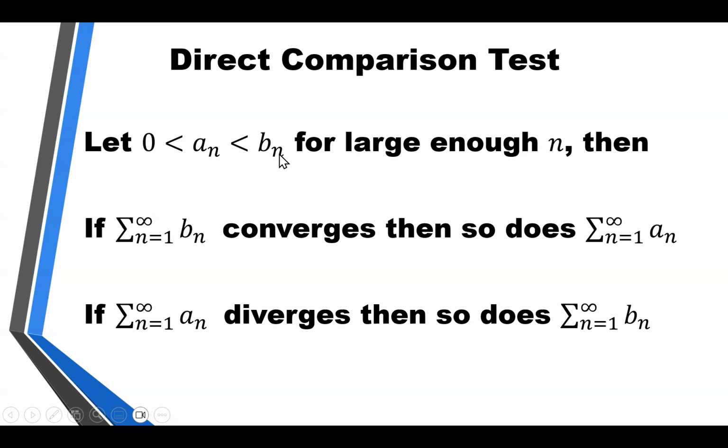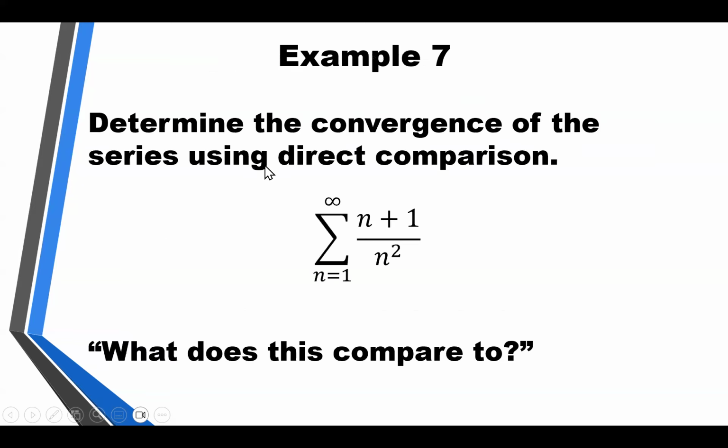So if we have this scenario, and again, those sequences both have to be positive for this direct comparison test to work, then we're in a good spot.